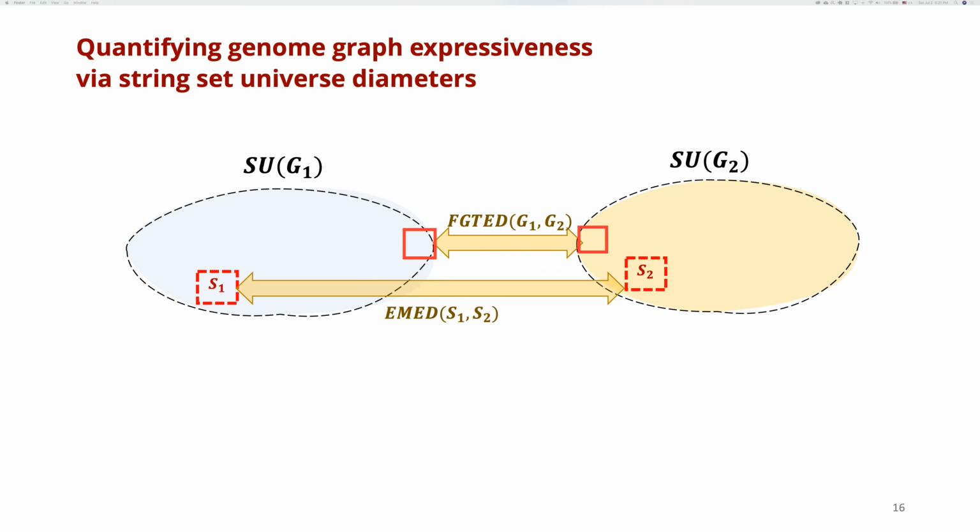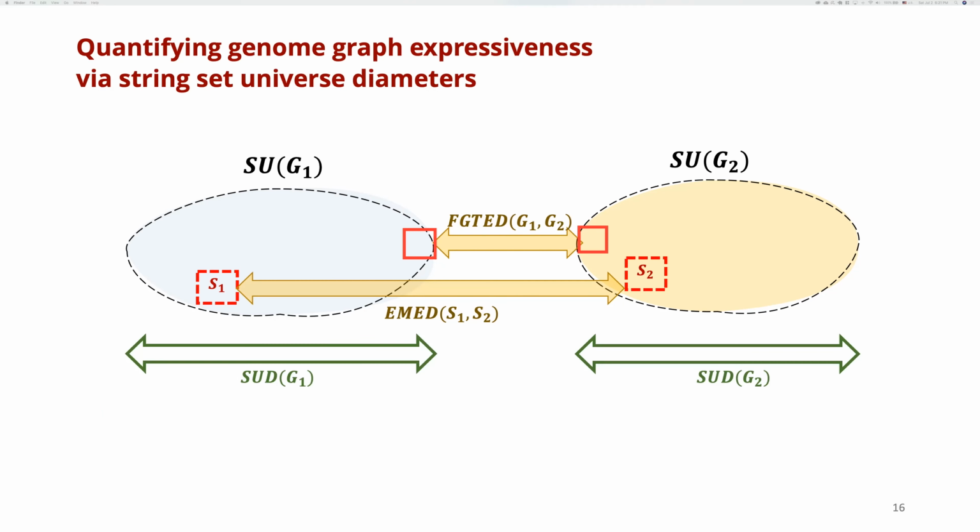When we study the complexity or the expressiveness of the genome graph, we care about how different the strings encoded by the graph are. So we propose a metric called string set universe diameter that measures the difference between the two furthest string sets from each string set universe.